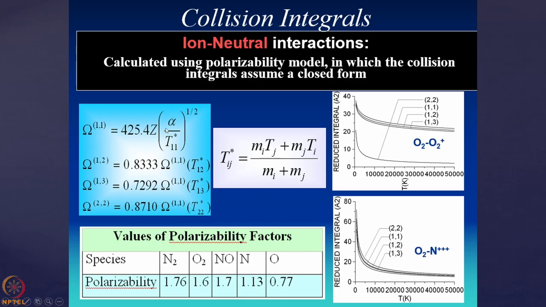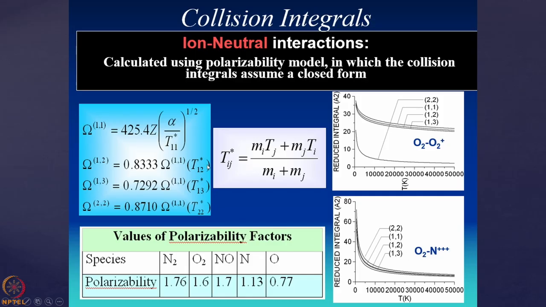This alpha is the polarizability factor which has to be introduced here, and you see that different molecules and atoms have different polarizability, which is quite expected. And if you calculate the reduced integral as a function of temperature, this is electron temperature, you see how they look. Okay.